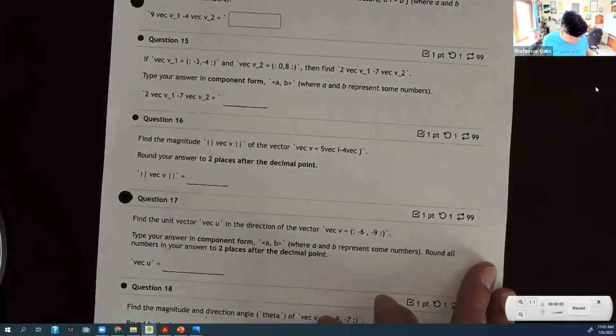But I feel like if you look at 14, you should be fine at some point. Yeah, I just can't really tell what's going on with this.